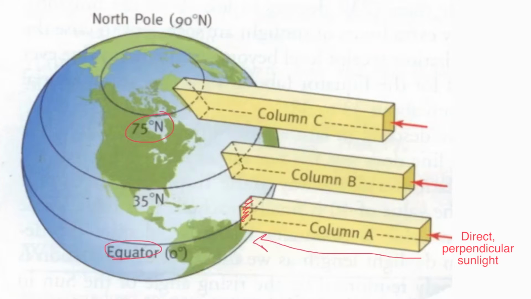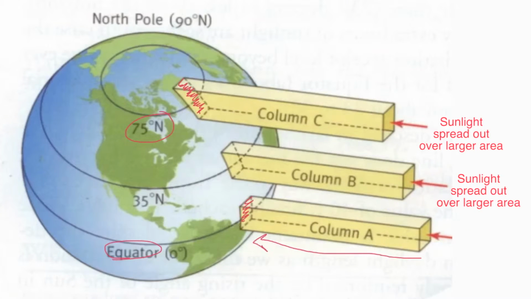Columns B and C, which are located progressively at higher latitudes, nearer the poles, spread out the same amount of radiation over a larger area, and therefore each unit of area receives less solar energy and is therefore heated less.